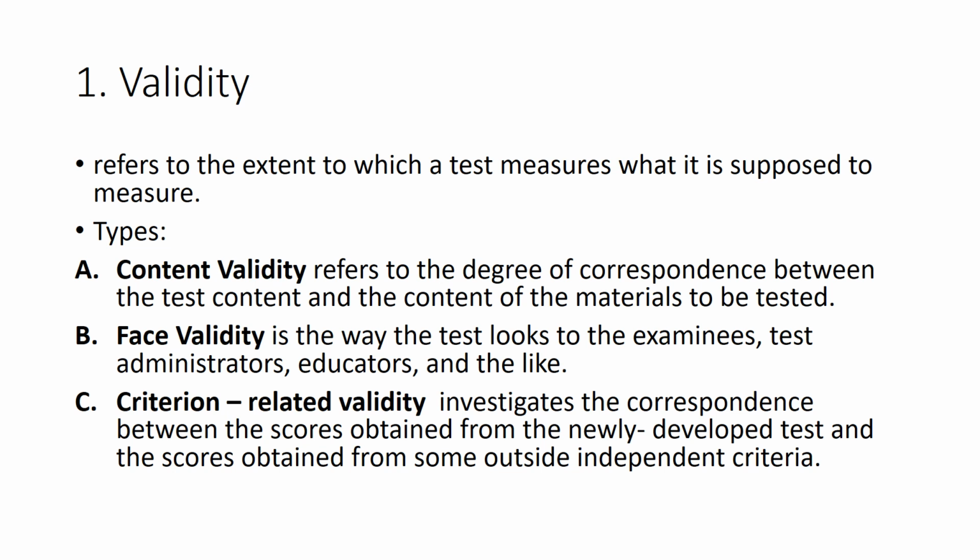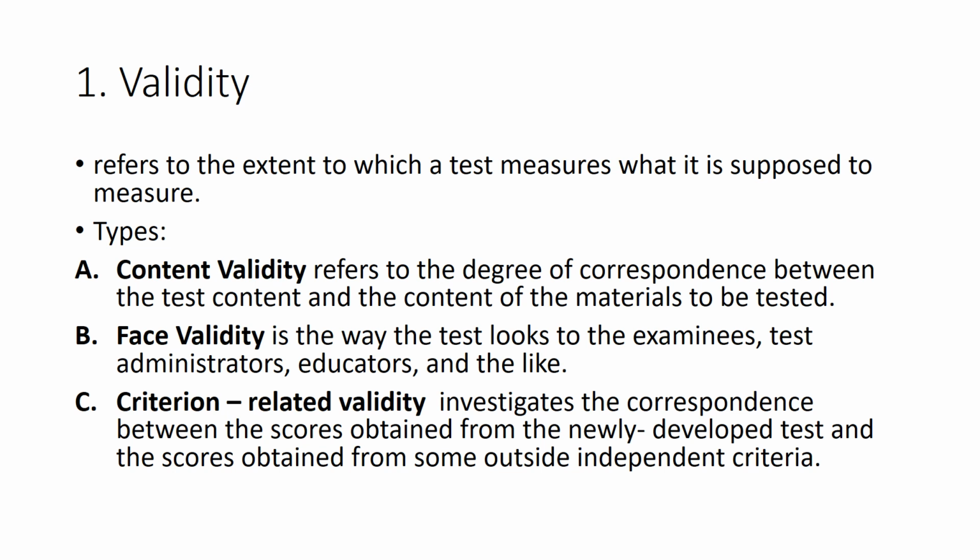Number two, or the second type of validity, is called what? Face validity. Face validity is the way the test looks to the examinees, and by the examinees we mean the students, the testees, the test administrators, educators, and the like.